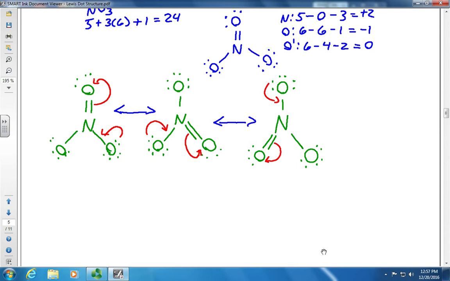Now, again, in practicality, since this occurs so often and so quickly, the bonds basically look and act more like a hybrid between a single and a double bond. This happens a lot in cases of things like benzene and the like.